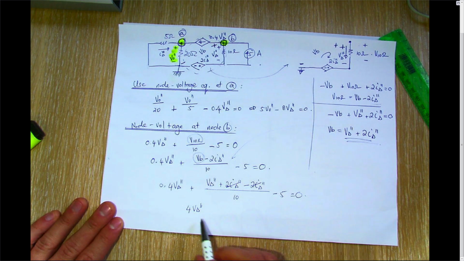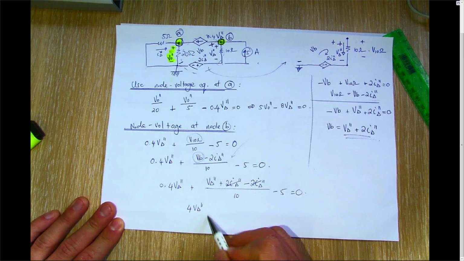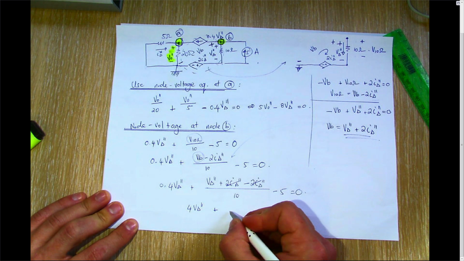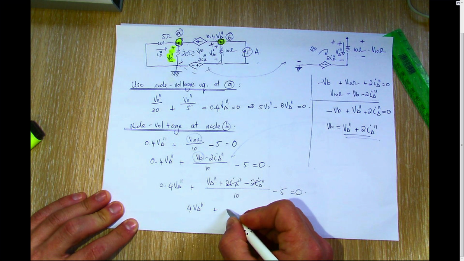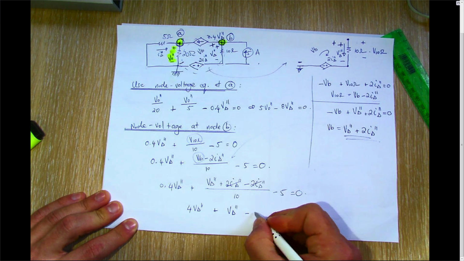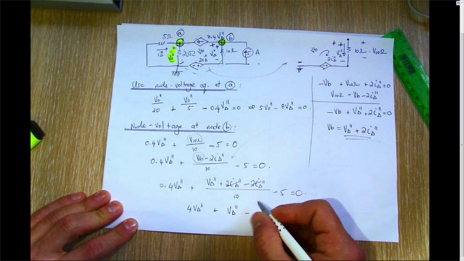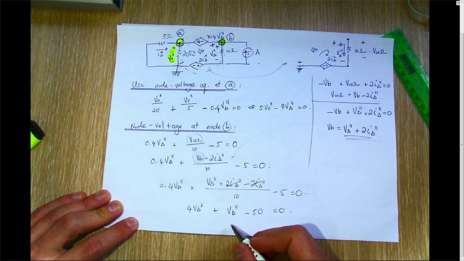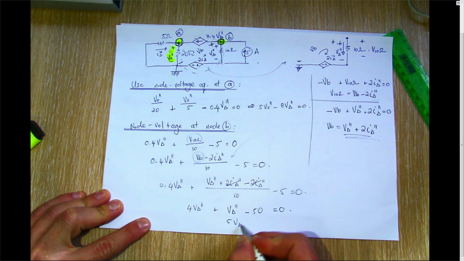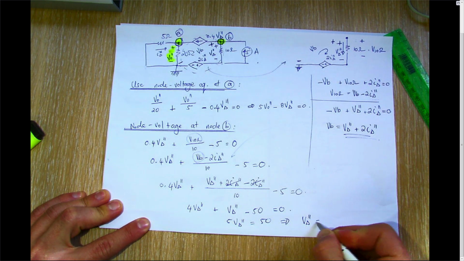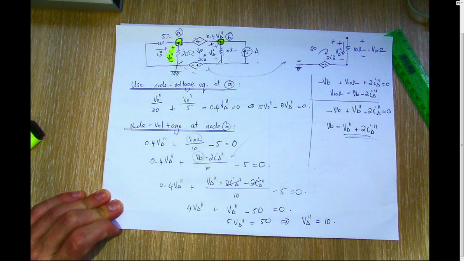I've got 4, 10 times 0.4 is 4, plus I've got my V delta double prime minus 50 is equal to 0. So what I then have is 5 V delta double prime is equal to 50. So this indicates that V delta double prime is equal to 10.